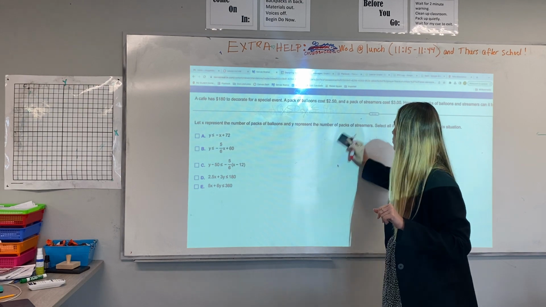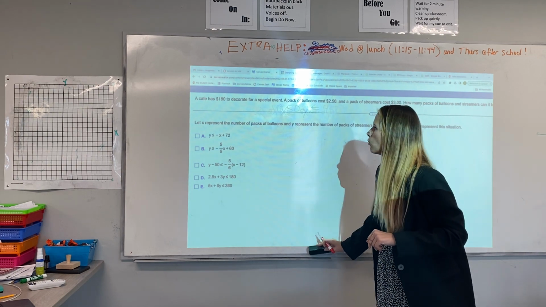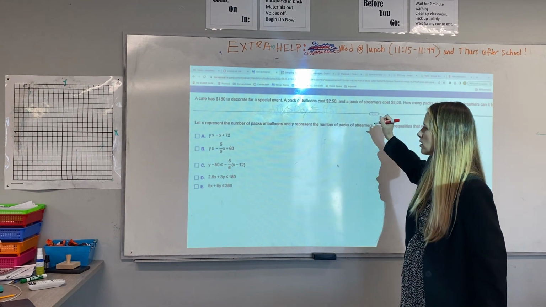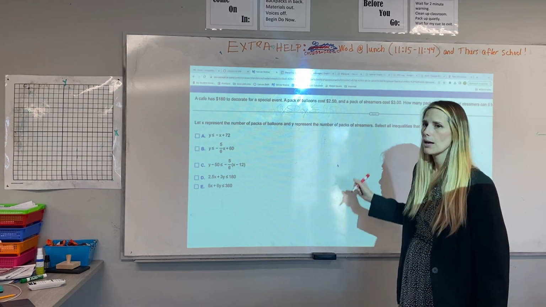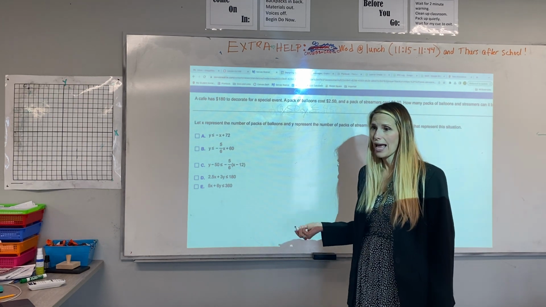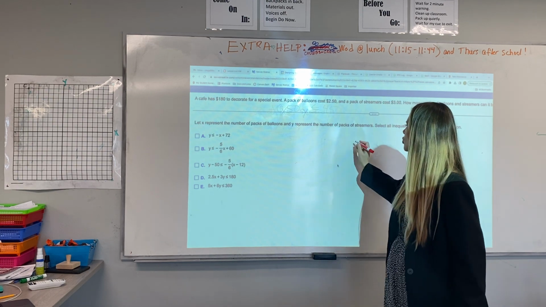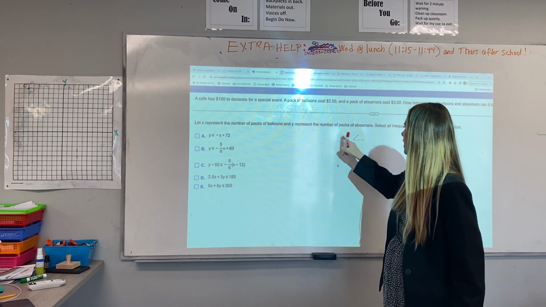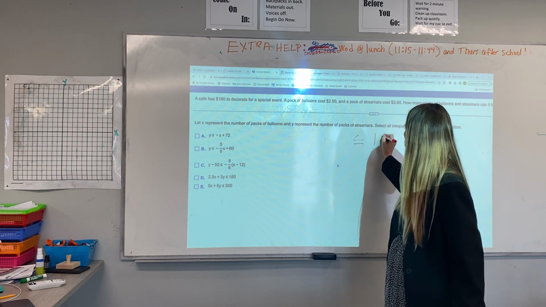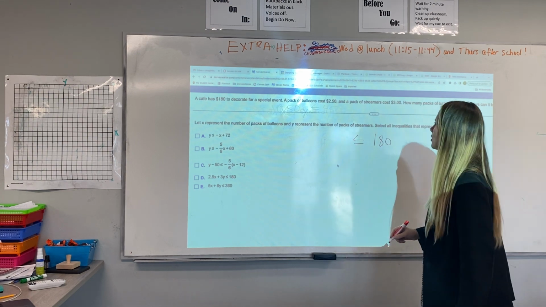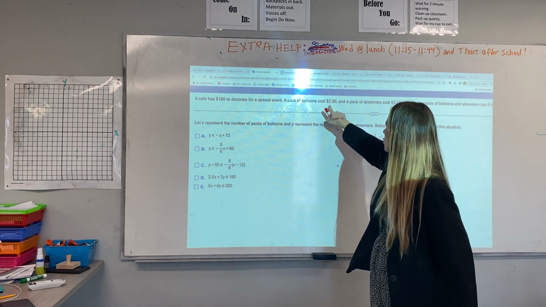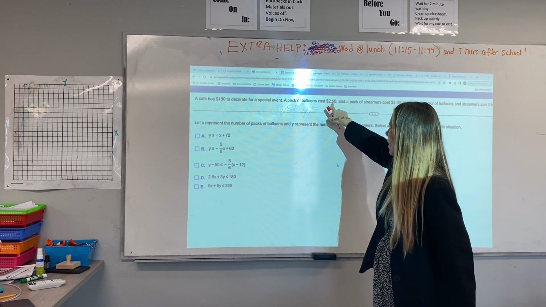All right, let's go through this. We have $180 to spend. Does that mean we can go more than 180 or do we have to stay under or equal? We're going to have to stay less than or equal to 180. Now, a pack of balloons costs $2.50.